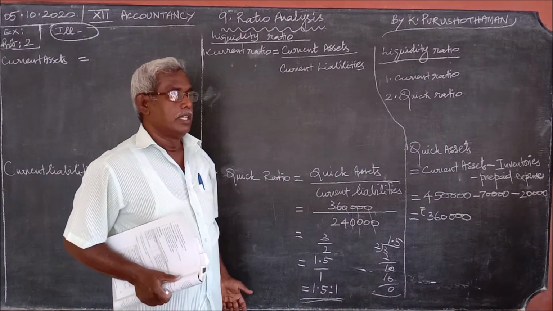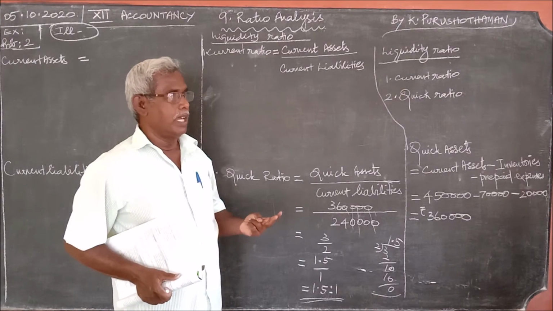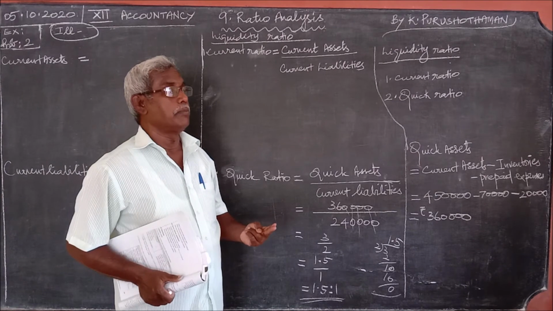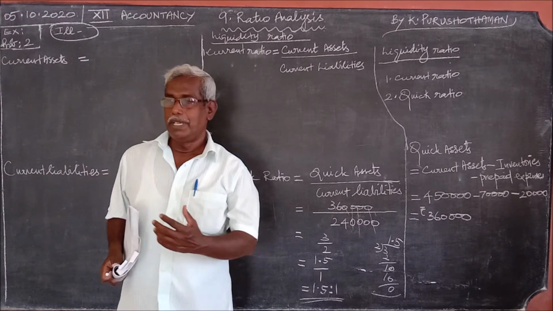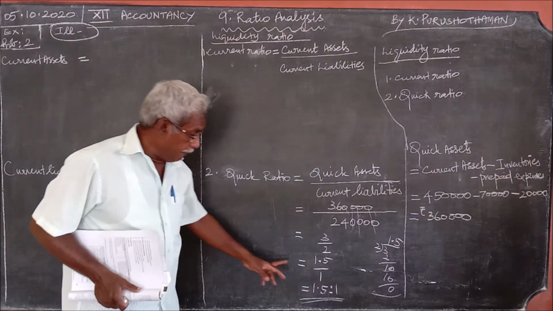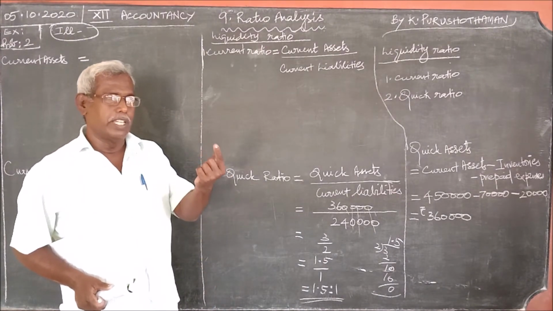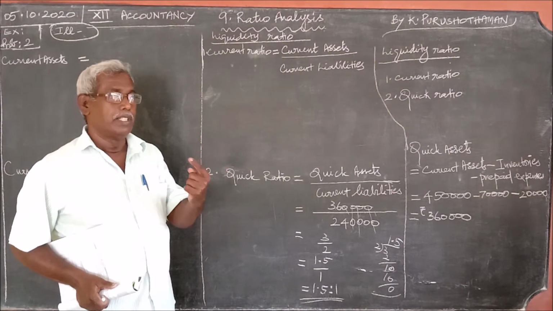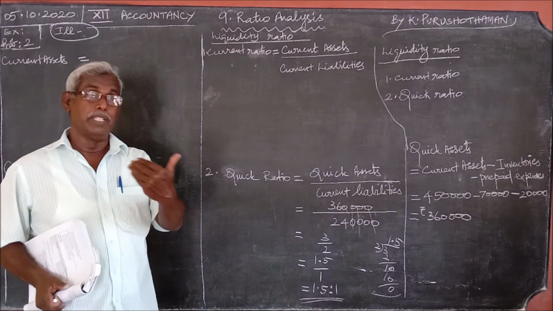But if you compare one company or one unit earns 2 times the profit and the other unit earns 3 times the profit, the comparison will not be an easy one. But if you write like this, if one unit has earned 1 time, the other unit has earned 1.5 times, then the comparison will be easy.